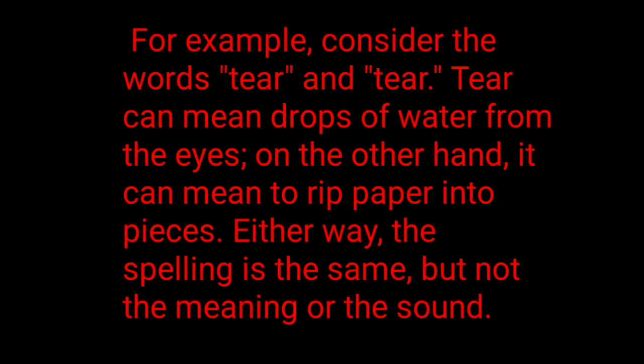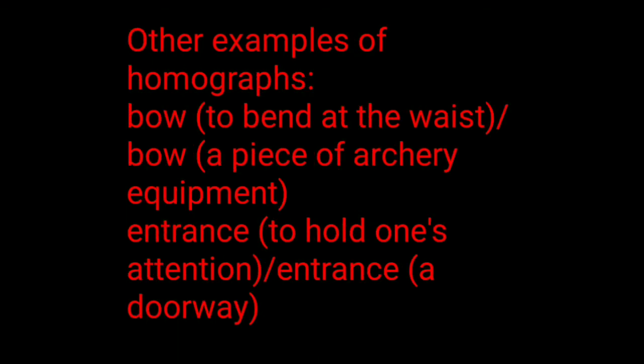So sound remains confusing, though we have to consider the sense, the meaning, by contextualizing this. Now here we have some other examples of homographs: bow, to bend at the waist, and bow, a piece of archery equipment. The same thing happens with entrance, that is to hold one's attention, or entrance, a doorway. So that's how we may deal with homographs.